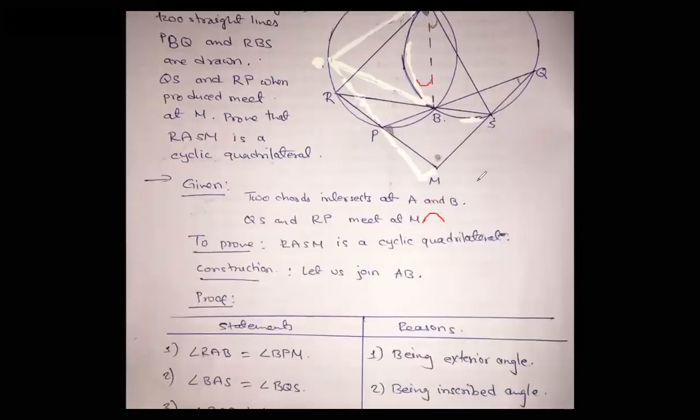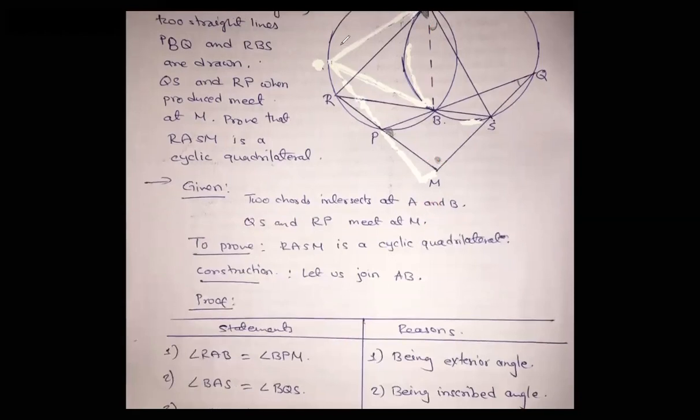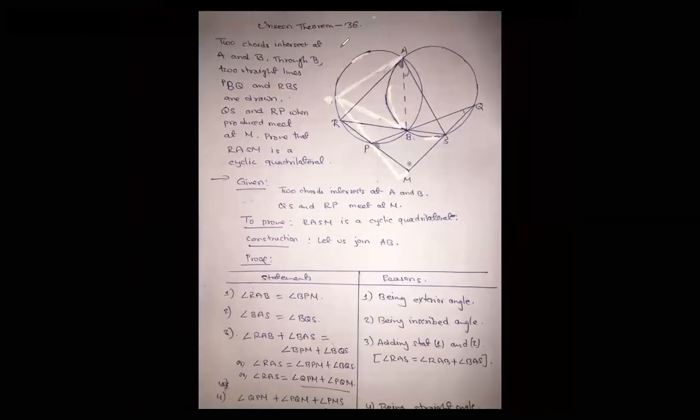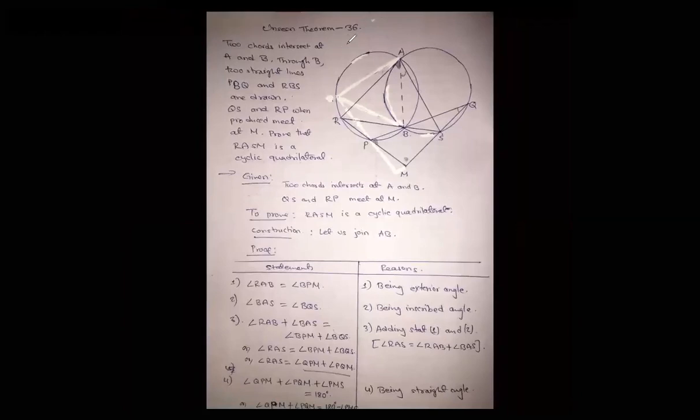Correct? So here, let me show you this statement number 4. QPM, this angle plus this angle plus this angle. If we add these three angles, then it is going to be equal to 180 degrees. It is not the straight angle, it is the sum of angles of a triangle. Sorry for the mistake.